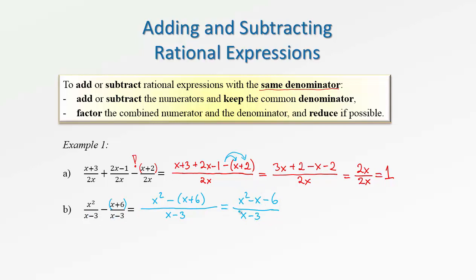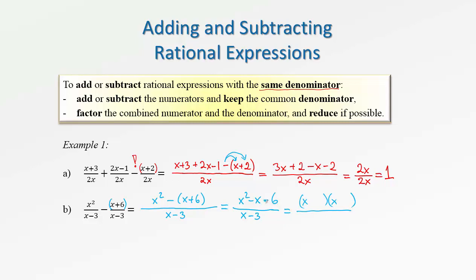But let's see if the resulting expression can be simplified. This can be done only if the numerator can be factored. So let's see if this can be factored. Well, the product is negative 6, so we're looking for two numbers of different signs such that they differ by 1. So let's prepare two brackets. Here's x and there's x.